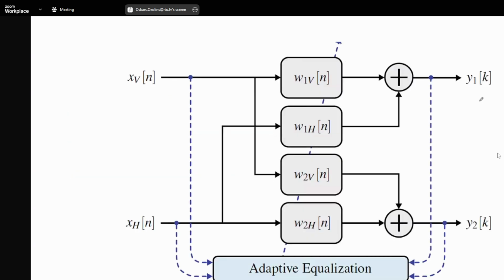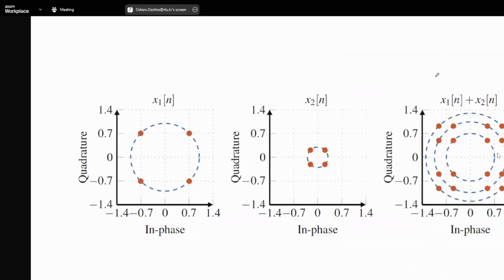Right. Here is the adaptive equalization, which we already looked at. It's like a MIMO structure. And then here is the principle of CMA. When you have a bandwidth limitation or something, for an ideal constellation point you might have different points.